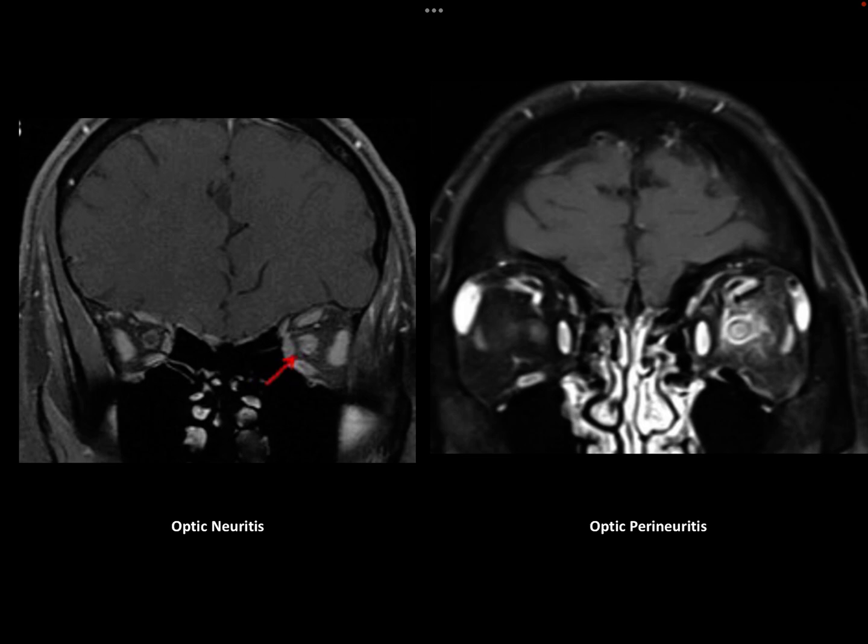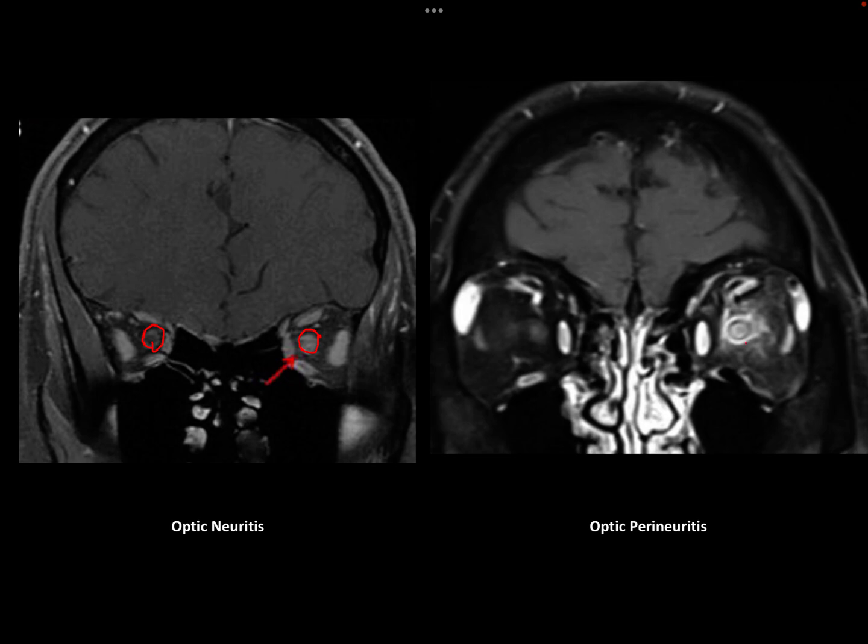On the left hand side, you can see an inflammation of the left optic nerve. It is inflamed and swollen compared to the fellow healthy right optic nerve, and the surrounding of the nerve is intact, compared to the image on the right hand side.